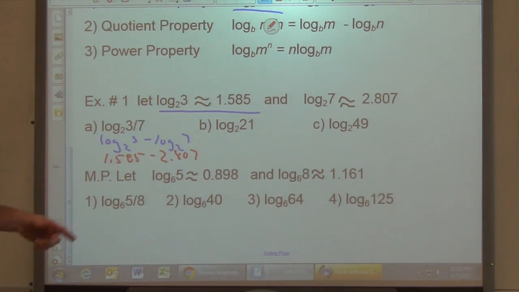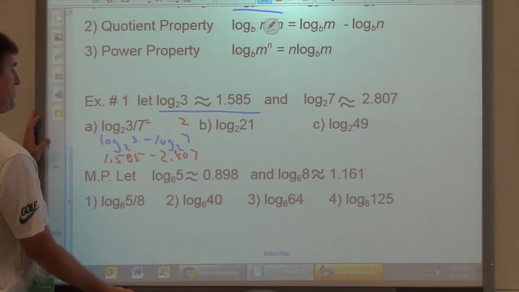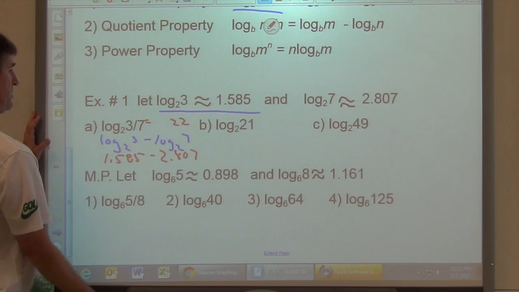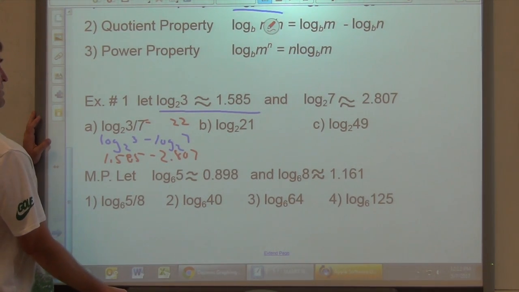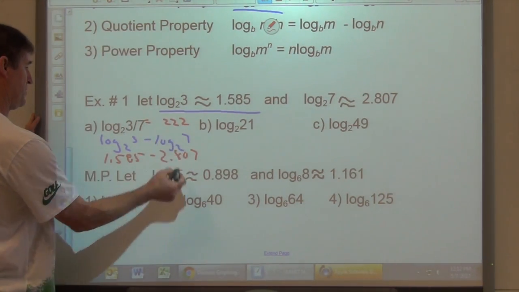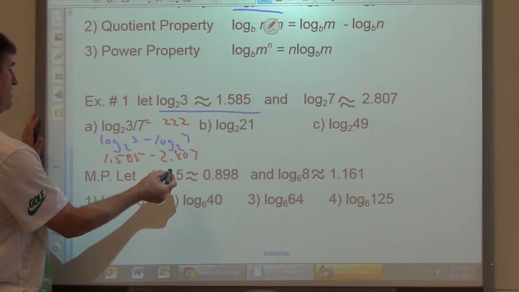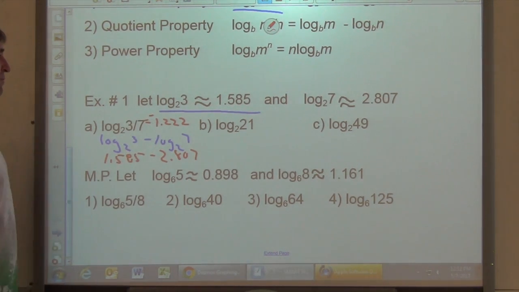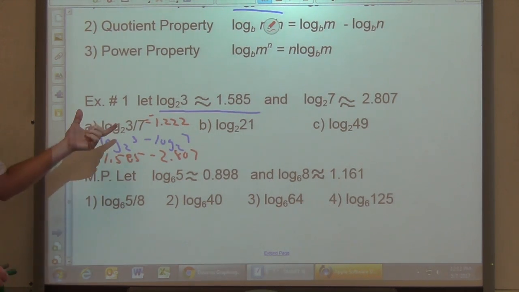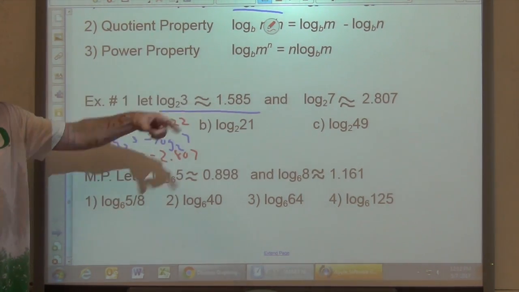And we can subtract those to get our value for this, which would be negative 1.222, if I did that correctly. So you just convert it from the division to a subtraction problem, and then you plug in the values they give you.